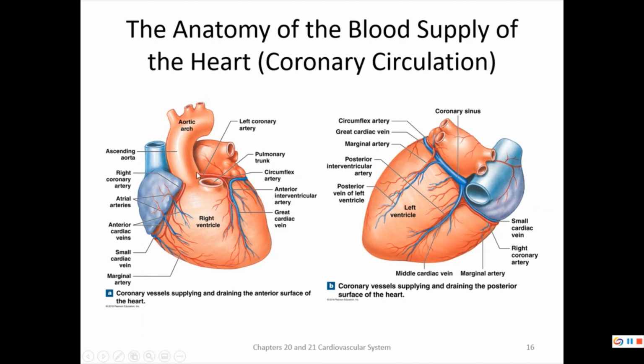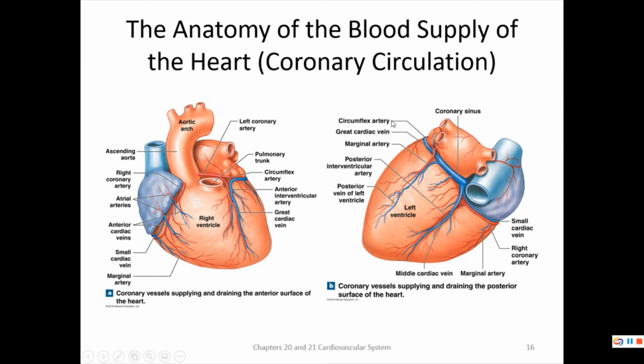Then we have our left coronary artery passing behind the pulmonary trunk, branching off to give the anterior interventricular artery, or the Widowmaker, and then the circumflex. Now the circumflex continues wrapping around here and actually pairs with the posterior cardiac vein.